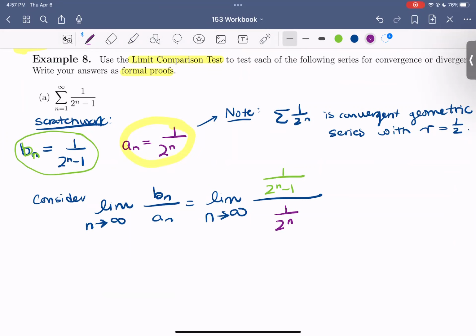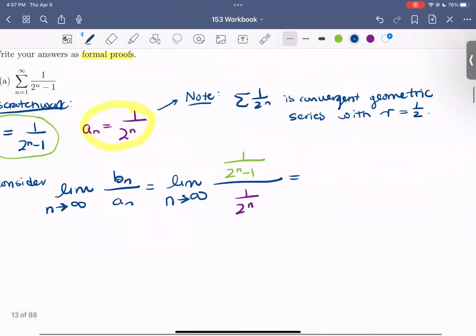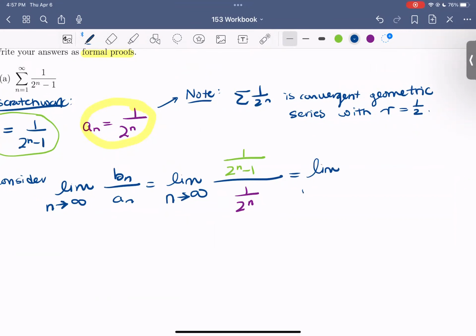Now I'm dividing fractions, and how I divide fractions is to multiply by the reciprocal. So this becomes 1 over 2^n minus 1 times 2^n over 1.